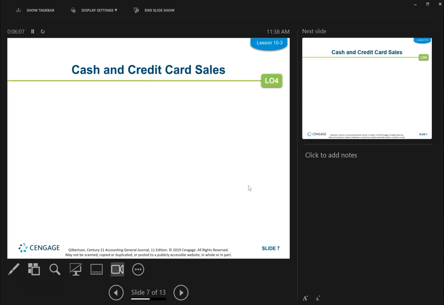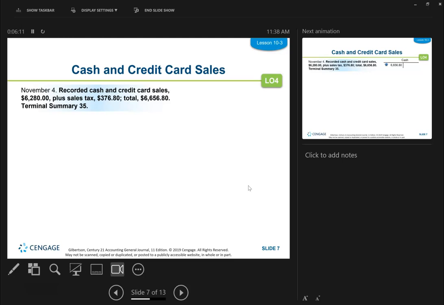No. Okay. All right. So let's look at some examples of transactions and how to record them into our journal. It says recorded cash and credit card sales of $6,280 plus sales tax of $376.80 for a total of $6,656.80.